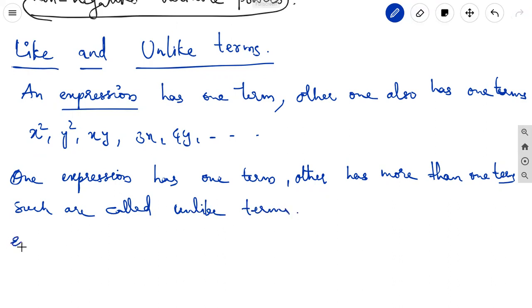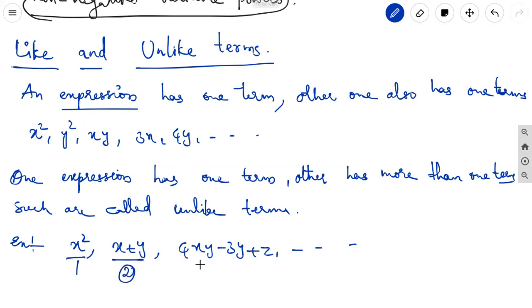For example, x square, x plus y, 4xy minus 3y plus z. The first expression has only one term, the second has two terms, the third has three terms. Such expressions are called unlike terms, or unlike expressions.